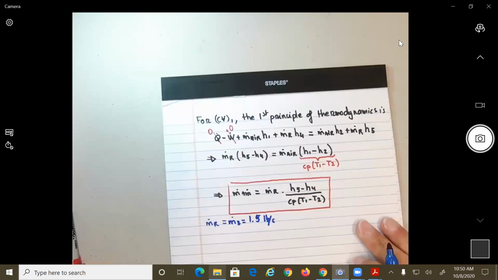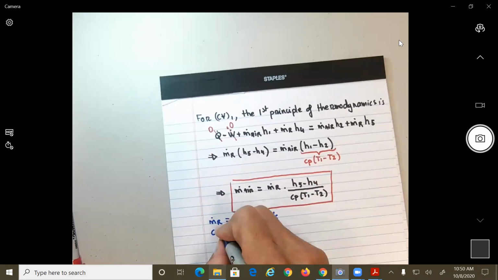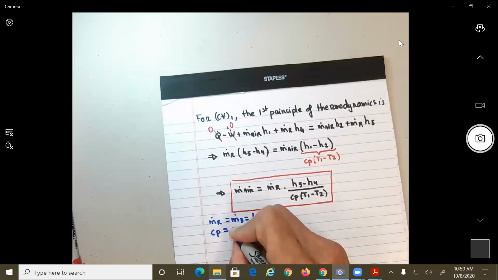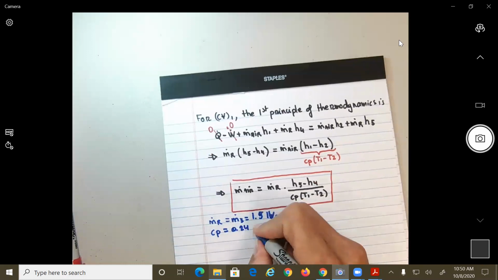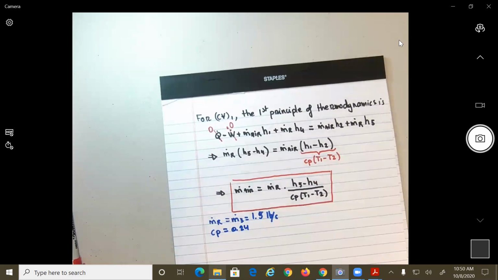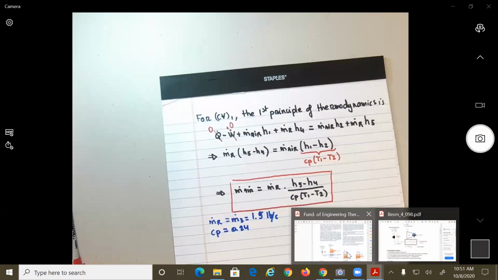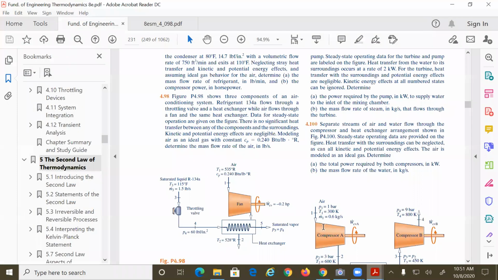What else do we know from that equation? Cp is 0.24. I don't have the units, but I think it's BTU per lb Rankine. Let's go and double check. Is 0.24 BTU divided by lb Rankine.